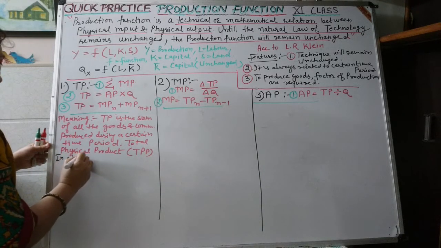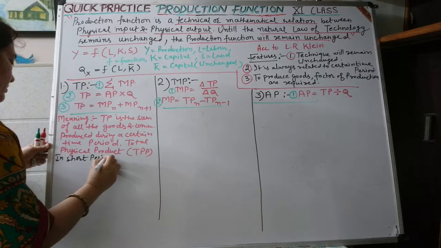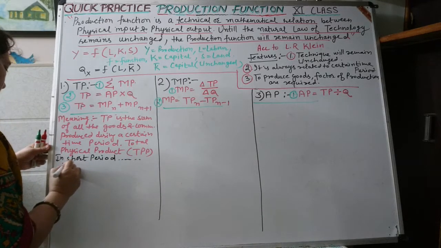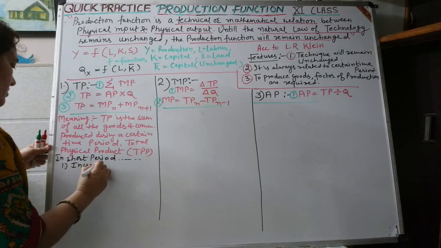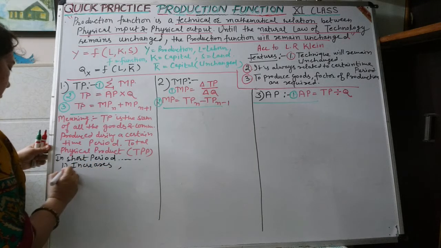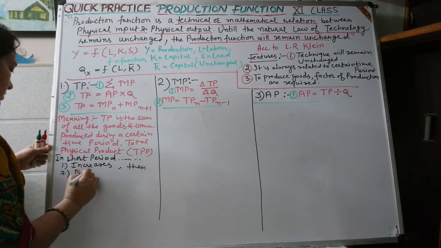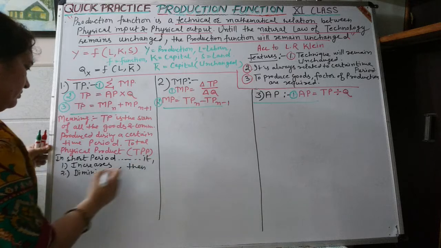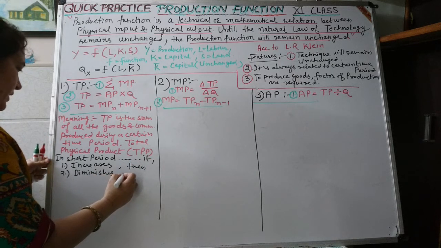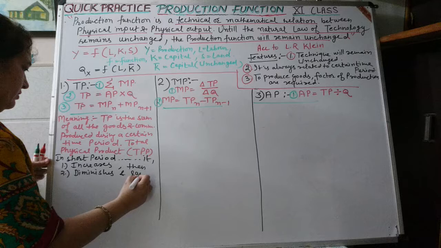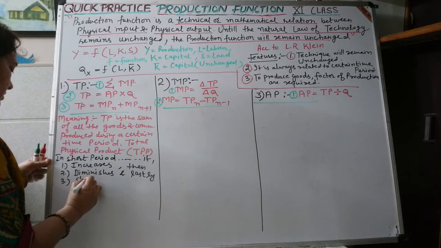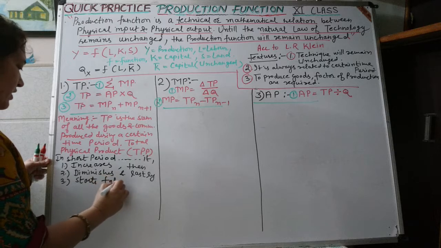In a short period, it, number 1, increases, then number 2, diminishes, and lastly number 3, starts falling.